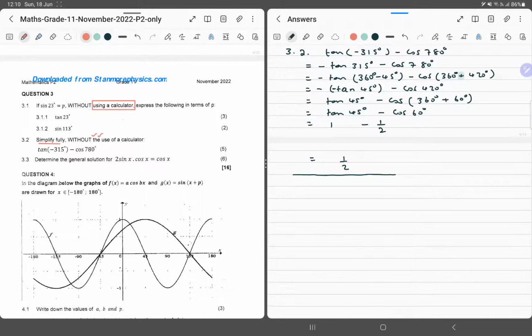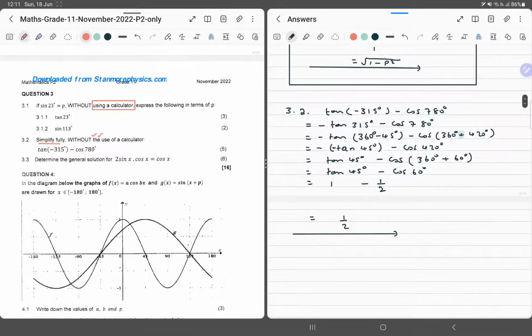Okay, so that is it. Now, we are using our doctor's approach, so we can just do the calculator and double check. So let's see, what is tan of minus 315? So this is the test, guys, okay? And this is cos of 780. Oh, I'm in stats mode.